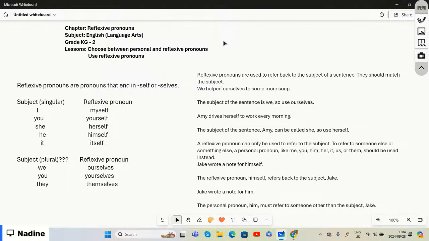And in the lessons that we are going to be focusing on under the chapter of reflexive pronouns, it is to choose between personal and reflexive pronoun. And then we're going to use reflexive pronouns.